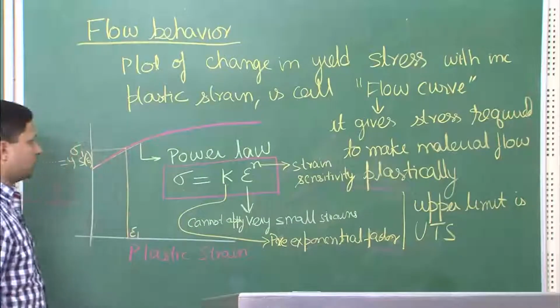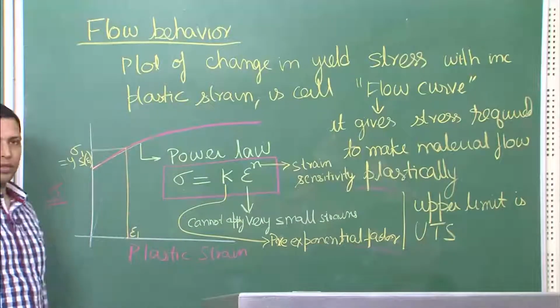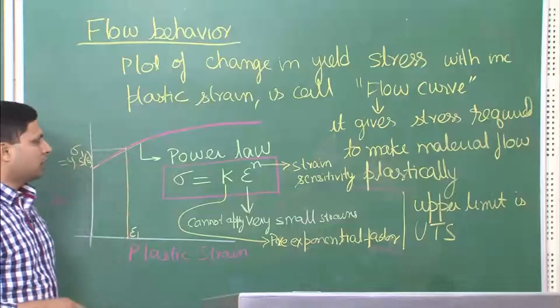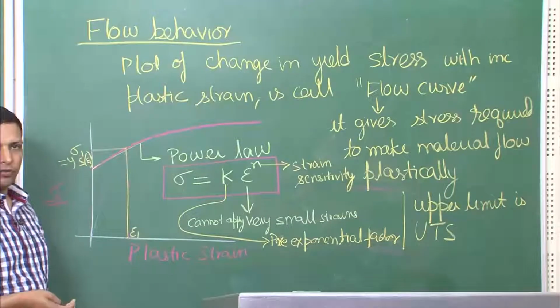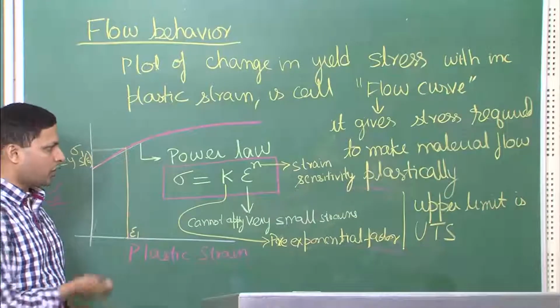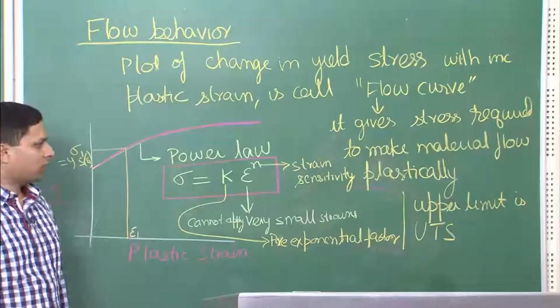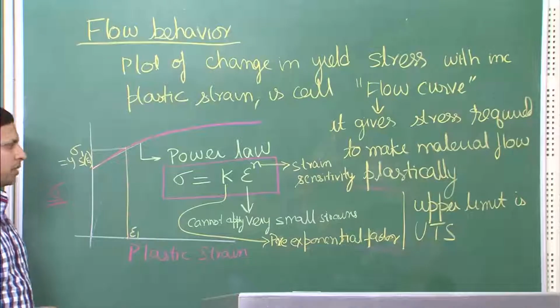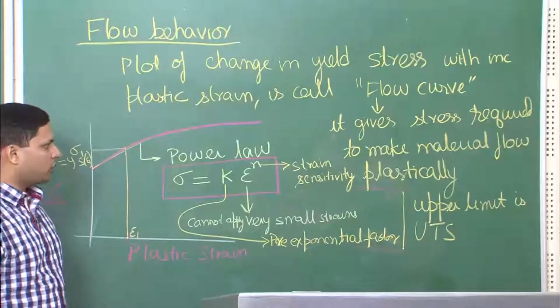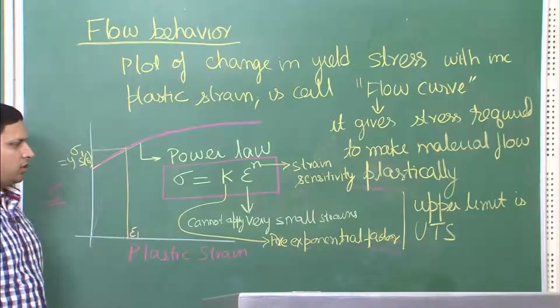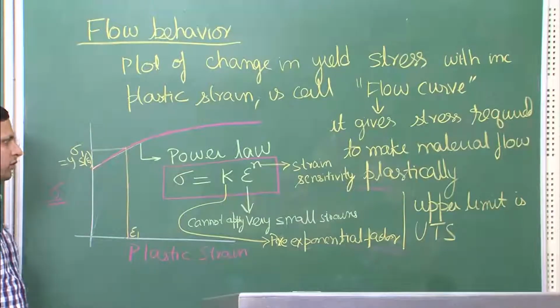So, one should be able to apply this in the range between these. You cannot apply it for very small strains, and you cannot apply it for very large strains, for example beyond UTS, because then some of the assumptions break down. We are no longer in the range of uniform elongation or uniform deformation.